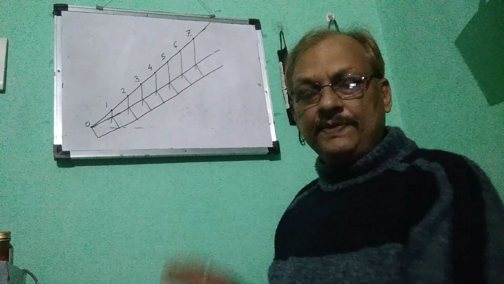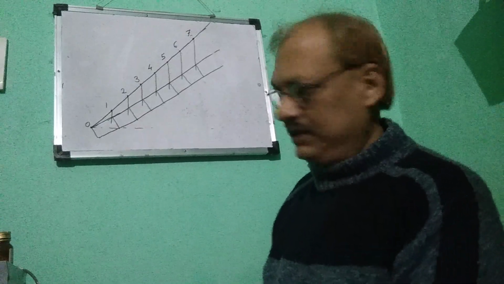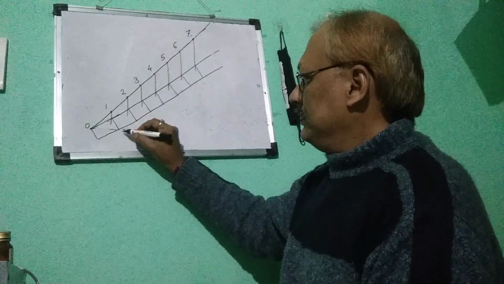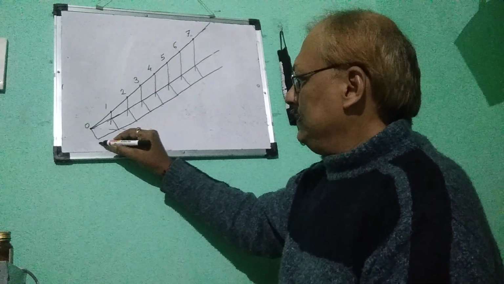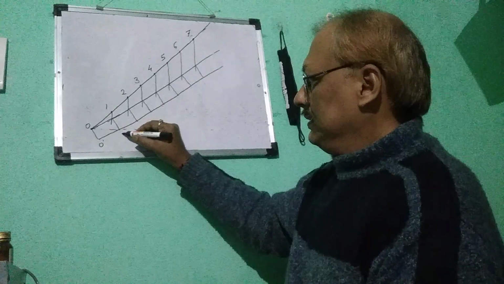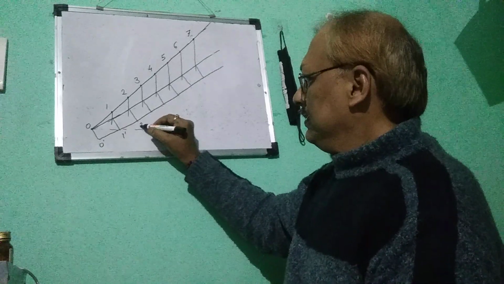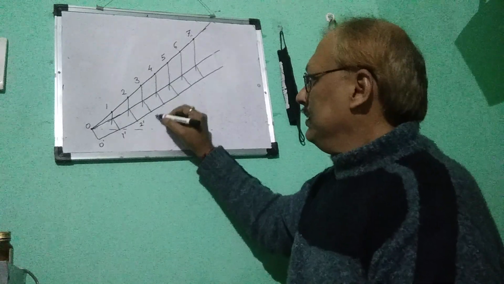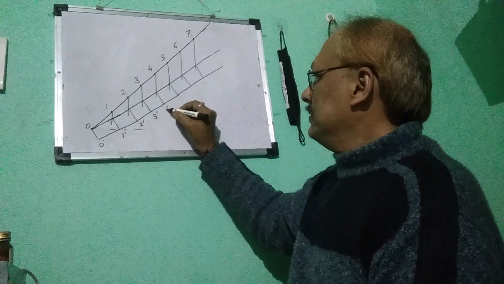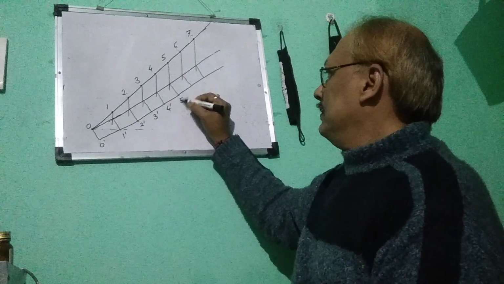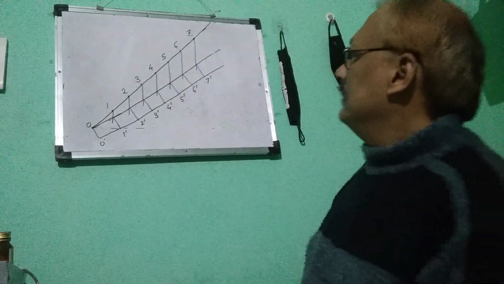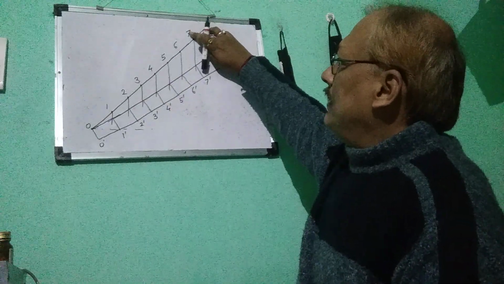However, this step is not necessary, but you should make it. So this is 0 dash, this is 1 dash, 2 dash, or here 1 double dash, 2 double dash, 3 dash, and 7 dash. Sorry, here the cut is not required.